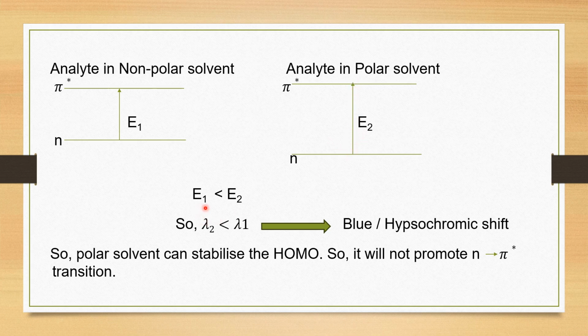That means E1 is less than E2, which is also equal to lambda 2 is less than lambda 1. That means polar solvent is causing blue or hypsochromic shift. So polar solvent can stabilize the HOMO and it is not promoting the n to pi star transition.